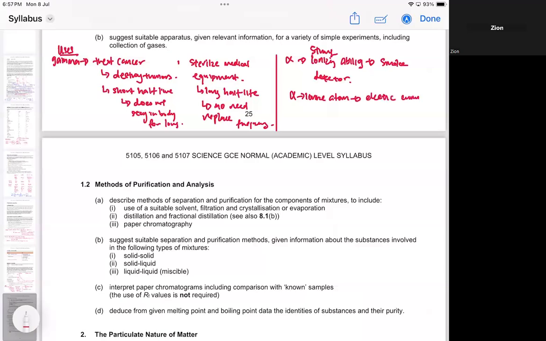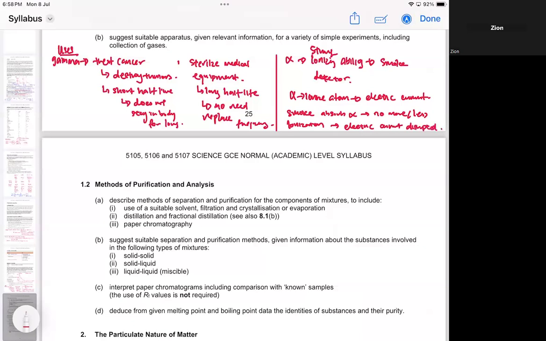When there's smoke, smoke absorbs the alpha particles, so less ionization will occur, and the electric current will be disrupted. You agree?